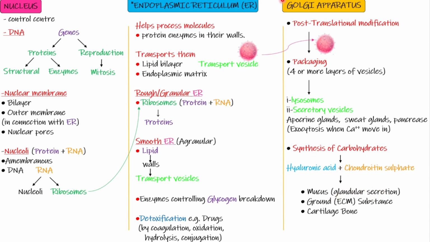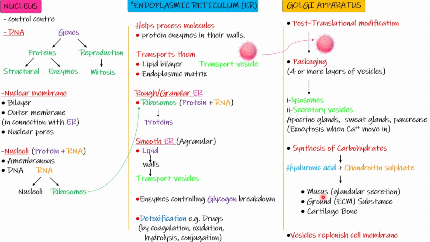So the Golgi apparatus is involved in the synthesis of carbohydrates, to be precise hyaluronic acid and chondroitin sulfate. These are present in the bones, in the cartilage, in the ECM, the extracellular matrix, the ground substance around the cells. And these are also present in the mucus.